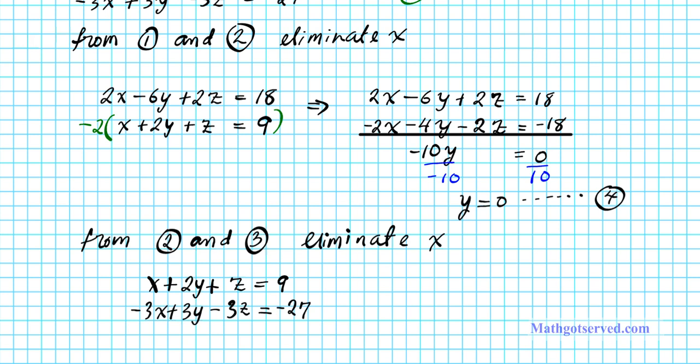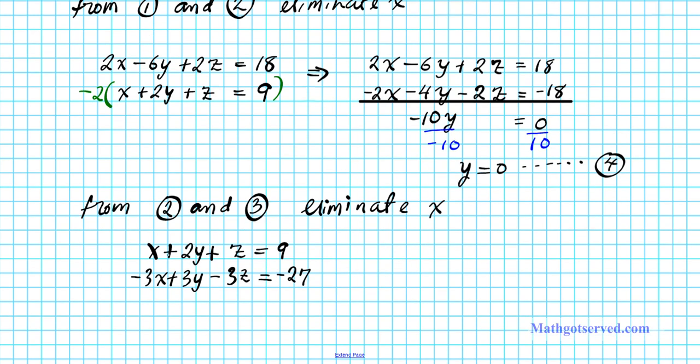Okay, so let's see. We want to create opposites with the x's so that we can eliminate them upon combining the two equations linearly. So this is negative 3. So what is the opposite of negative 3? Positive 3. So by multiplying the first equation by positive 3, we can have opposites with the x's, and then we can eliminate the x's by linear combination.